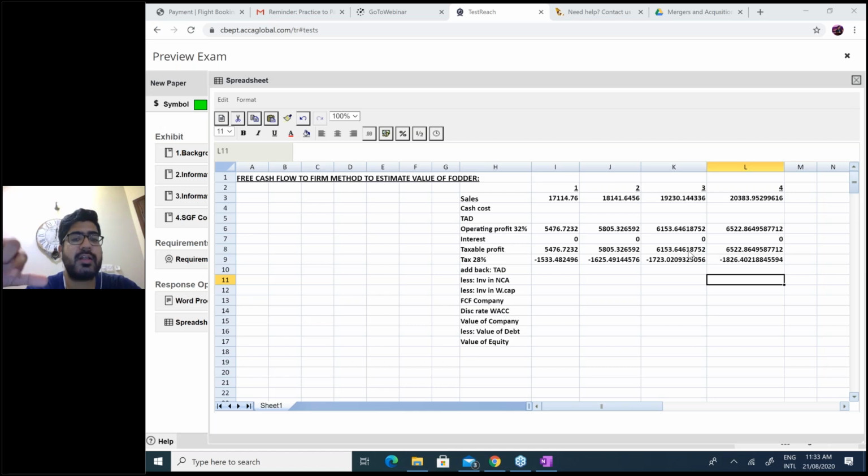Since you're using WACC, if you take interest here again, it would be a double impact. Now we're taking 32% because the cash cost and TAD weren't given, right?